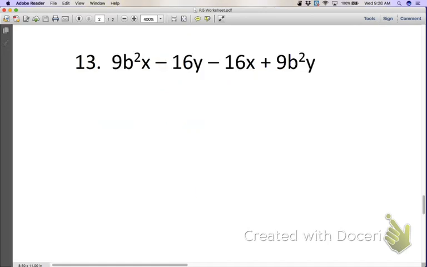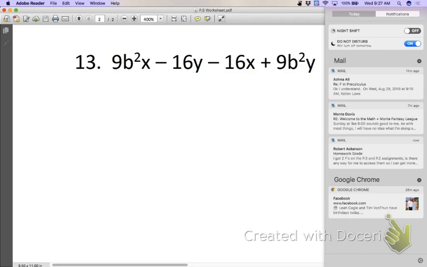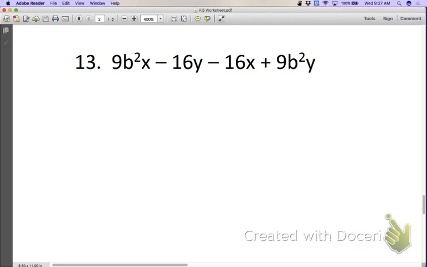All right, with 13, I have 9b squared x minus 16y minus 16x plus 9b squared y. Now, there's 4 terms. Okay, so 4 terms, what should I be looking to do? I want to do it by grouping, right?